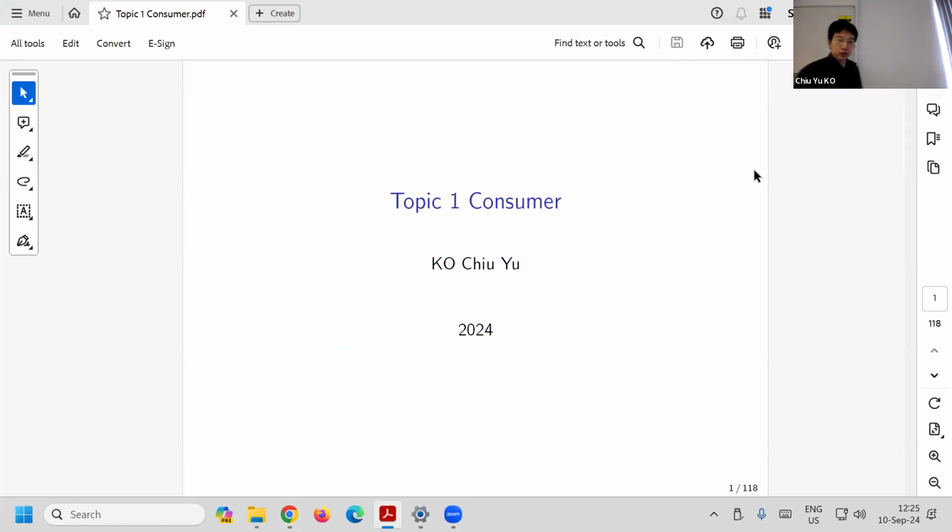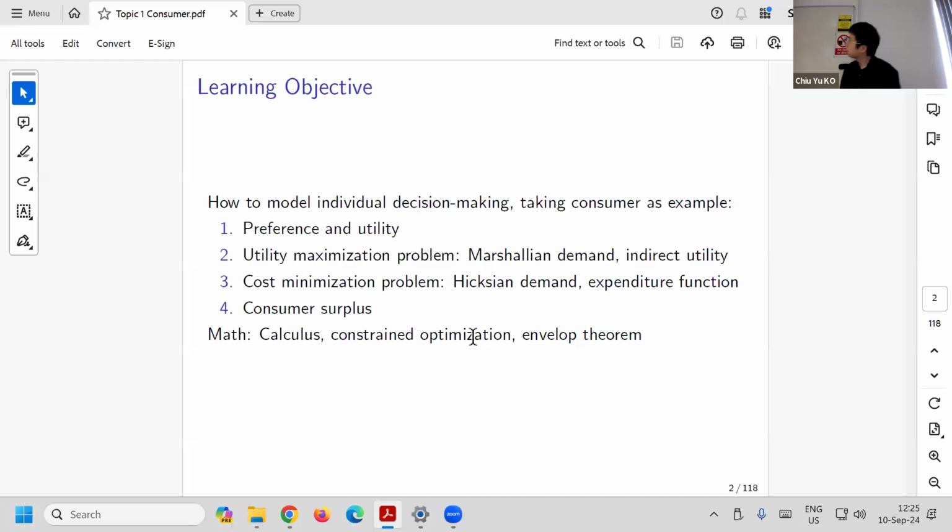So just to quickly remind what I've been doing, it's kind of a math problem, right? It's an optimization problem. And the way we use this optimization problem is to think how a consumer tries to buy something, based on the constraint.